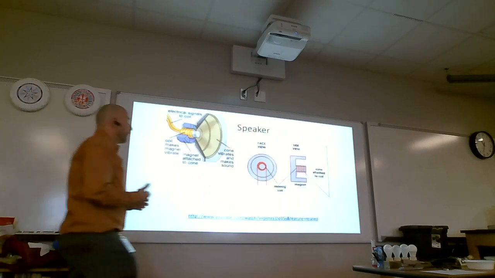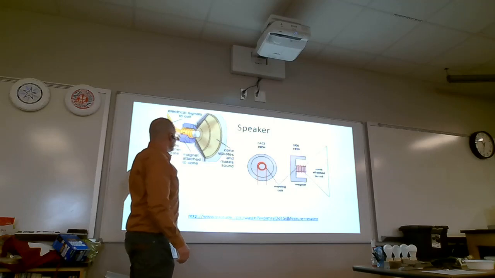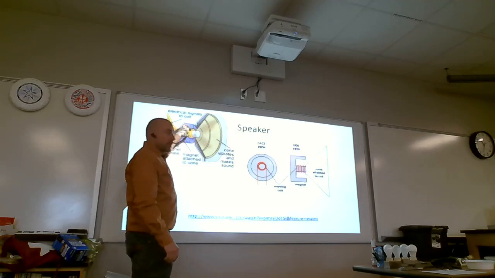A speaker, all that is a wire that's wrapped around a cone here, or a cylinder that's in a magnetic field. So now you have current flowing through an already existing magnetic field.